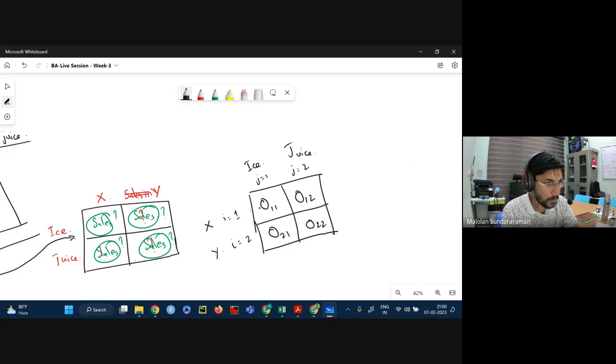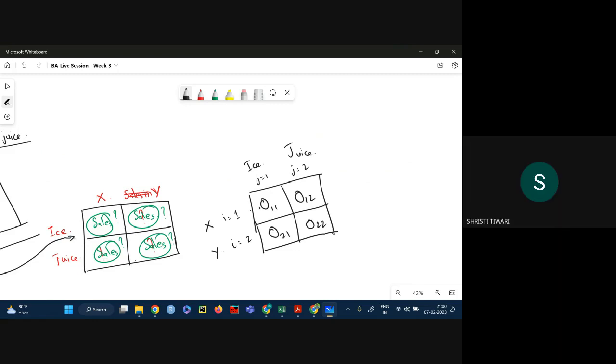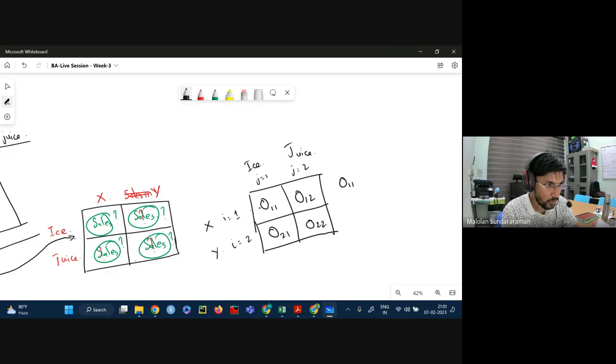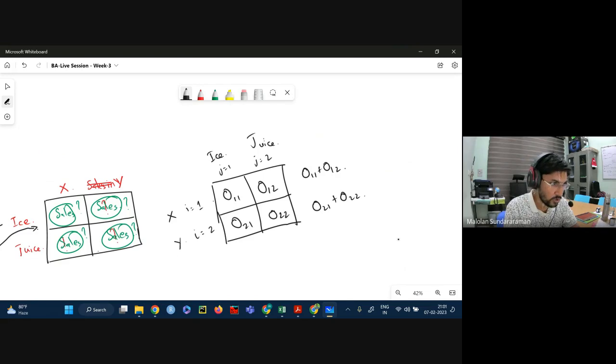Now, this is going to be O11 plus O12 and O21 plus O22, and these are your row totals.